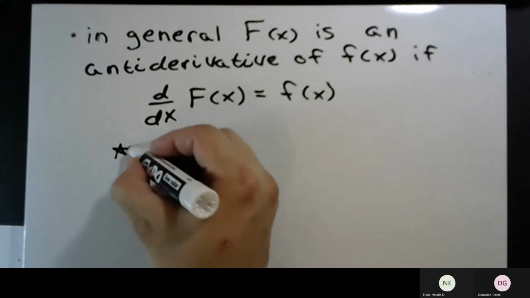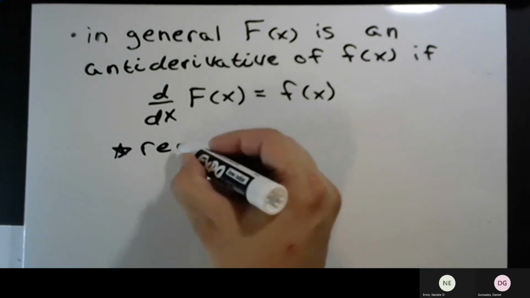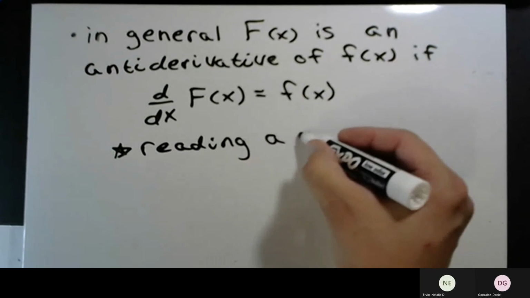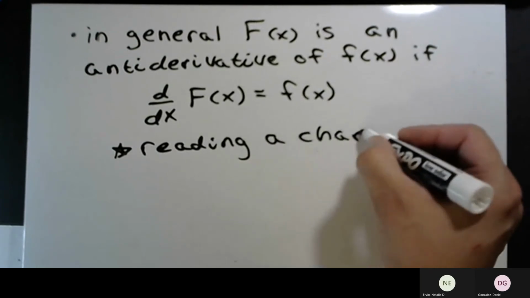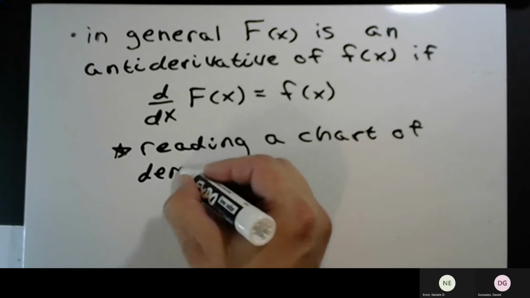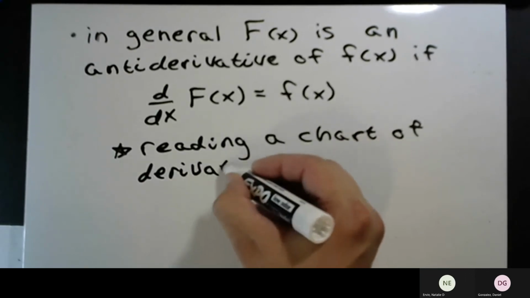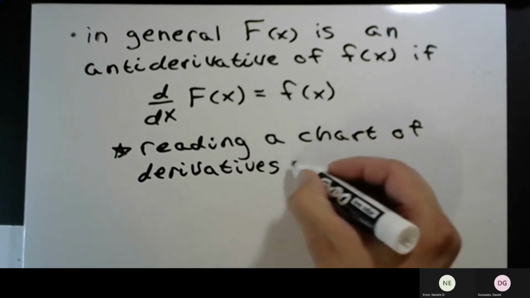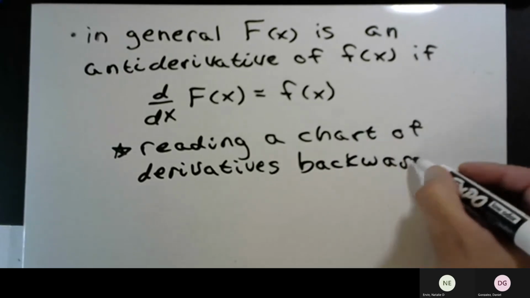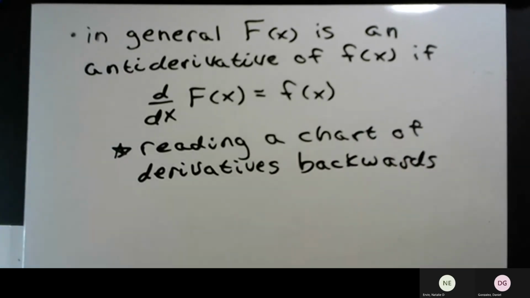Basically, what we're doing is reading a chart of derivatives backwards. Any questions about that?